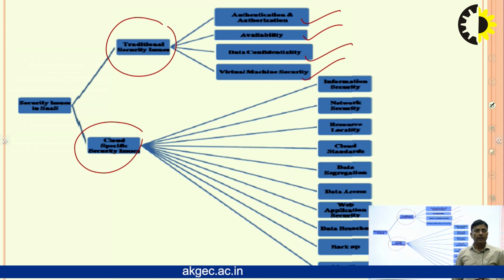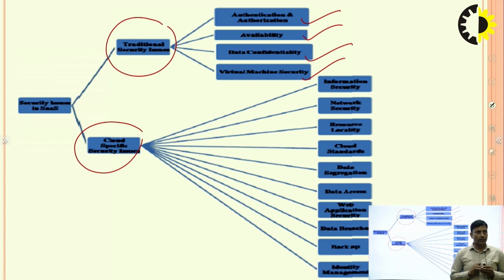Data availability means whenever you require the data, the application and software should be readily available for you. Data confidentiality is privacy, meaning data should be confidential, so that only the legitimate, genuine user can use the data and application or software.